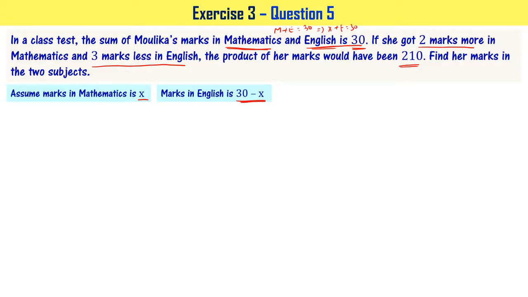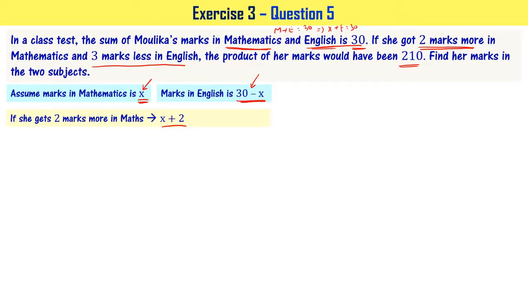Now let's look at the second statement. The first statement we have converted. We assumed the mathematics score as x. That's why the English score is going to be 30 minus x. Now, when you go to the second statement, if she got 2 marks more in mathematics, instead of x, it is going to be x plus 2, right?